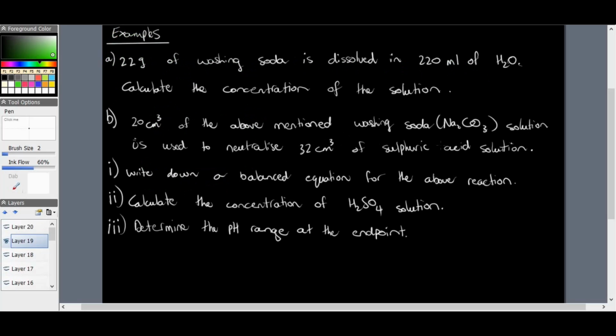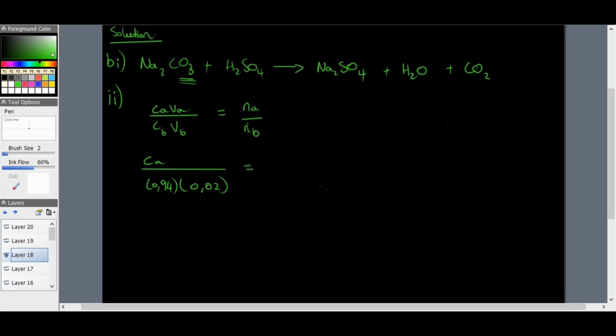20 cubic centimeters of washing soda solution was used to neutralize 32 centimeters cubed of sulfuric acid. So we know that Ca must be multiplied by 32, so I need to divide that also by 1000 to get that to decimeters cubed: 0.032 decimeters cubed.